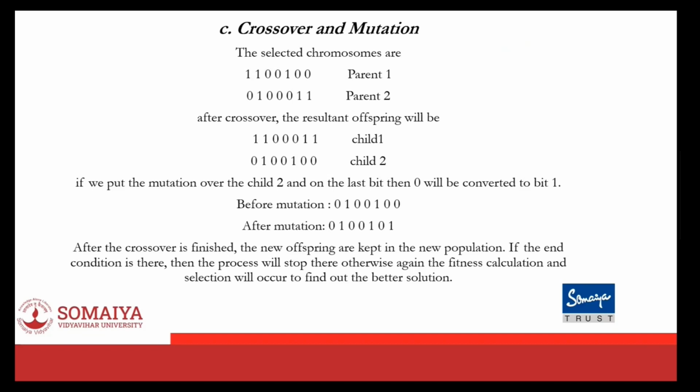After the crossover is finished, the new offspring are kept in the new population. If the end condition is met, then the process will stop there. Otherwise, the fitness calculation and selection will occur again to find a better solution.